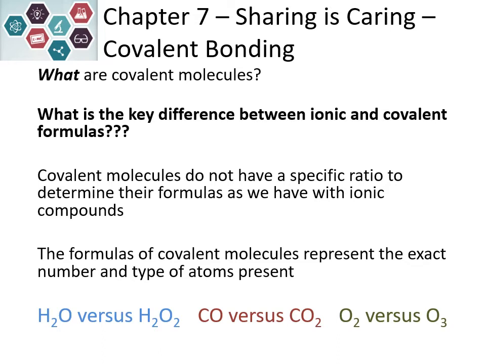They tell us the exact number and type of atoms present. So for example, we have water, which is 2 hydrogen combined with 1 oxygen. If we have 2 hydrogen combined with 2 oxygen, this is what we call hydrogen peroxide. You may have experienced this or used this if you've ever had a small scrape or injury.